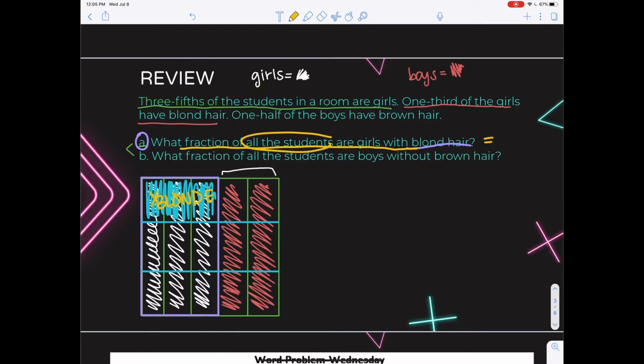We have 1, 2, 3 little boxes, so that's our pieces. Our denominator is how many pieces of all the students. Here we have 1, 2, 3, 4, 5, 6, 7, 8, 9, 10, 11, 12, 13, 14, 15. The fraction is 3/15 of the students are girls with blonde hair.